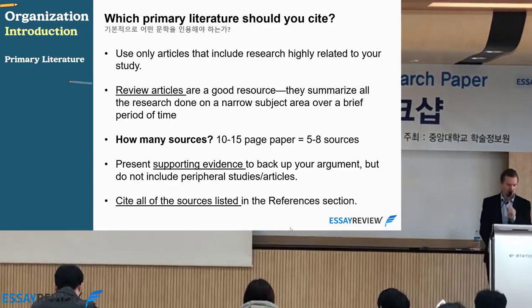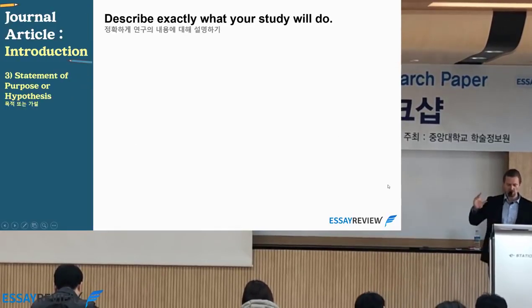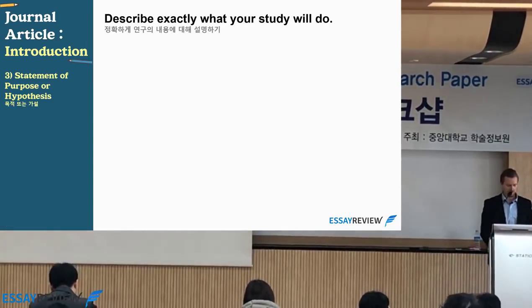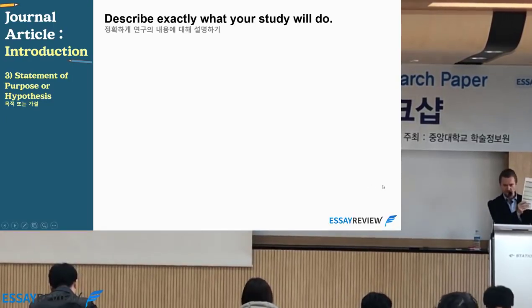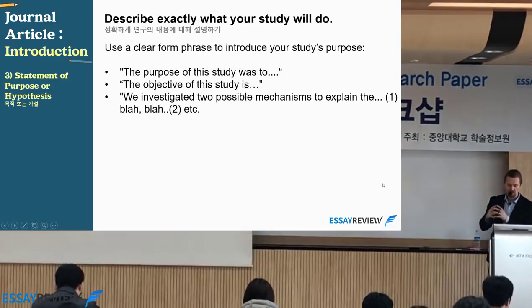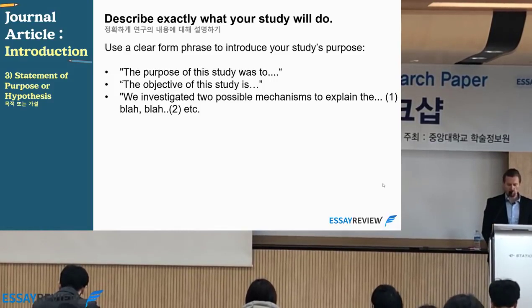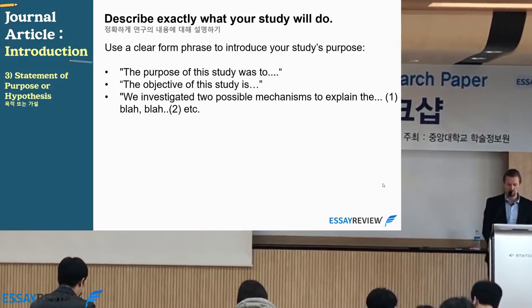Next, you're going to state your statement of purpose. And this is a matter of using signal phrases. In our workshop, we're going to discuss more about signal phrases. And actually, these are all signal phrases. Signal phrases tell the reader what you're going to do, what this section is exactly about. So use a clear form phrase to introduce your purpose. The purpose of this study was to blah, blah, blah.